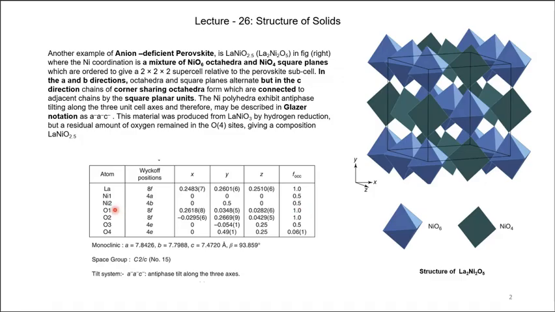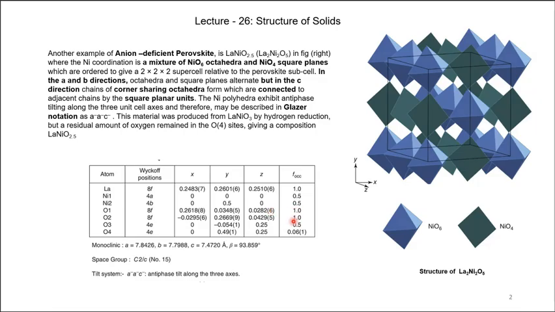And similarly, there are 4 different positions for the oxygen. We labeled them as oxygen 1, oxygen 2, oxygen 3, oxygen 4, and they are in the 8f Wyckoff position and the 4e Wyckoff position, and their positional parameters are given here, and also the occupancy factor.